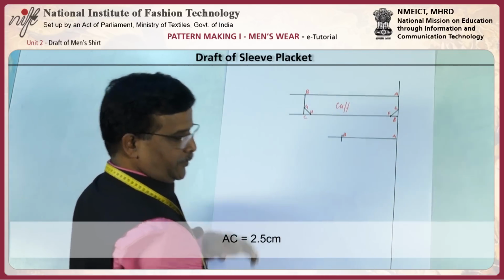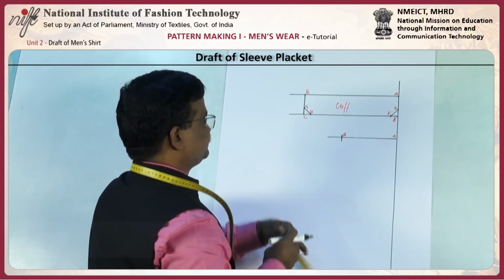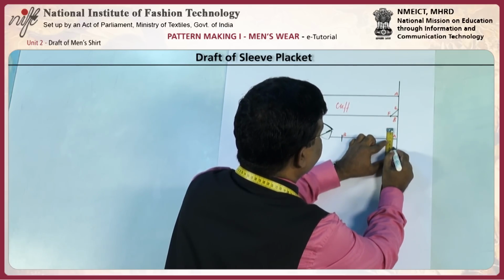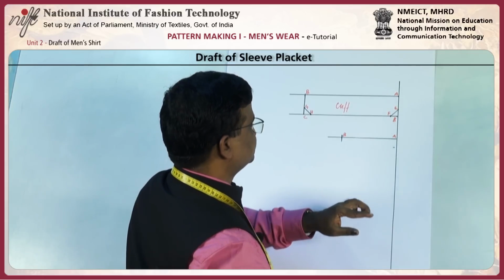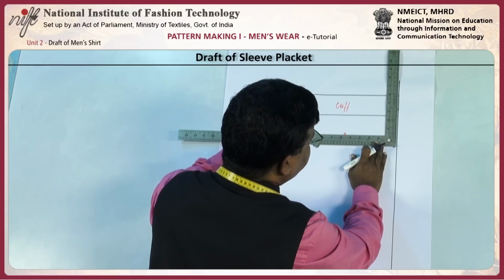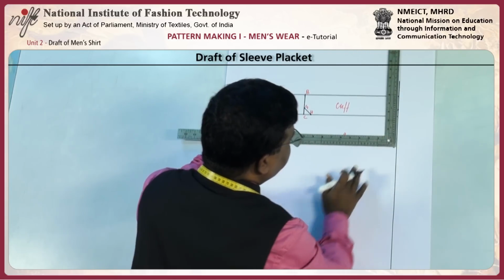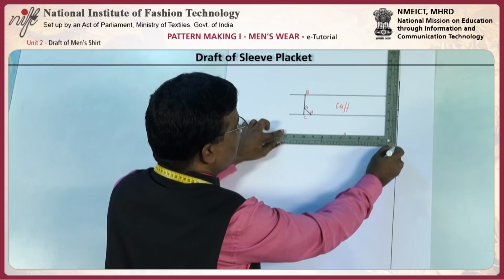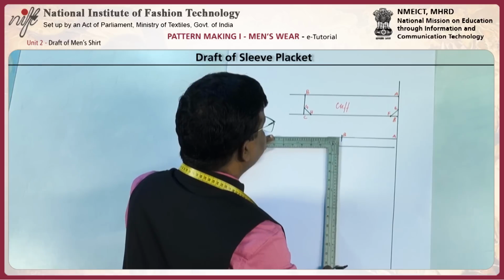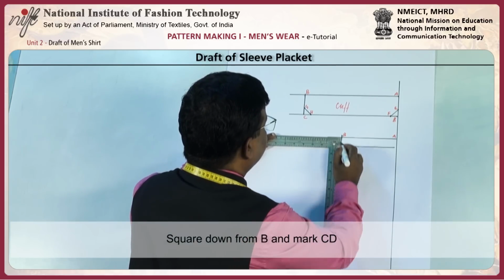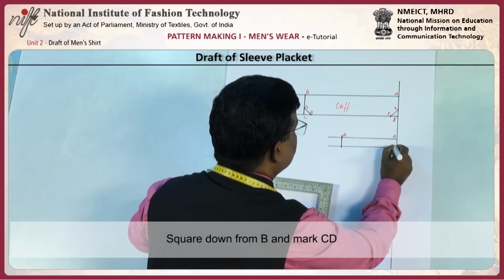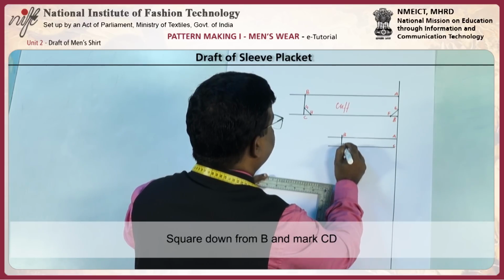A to C 2.5 centimeter. Square out from C. Square down from B and mark C and D.